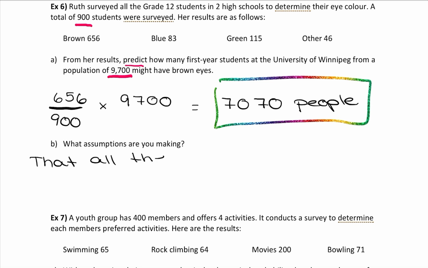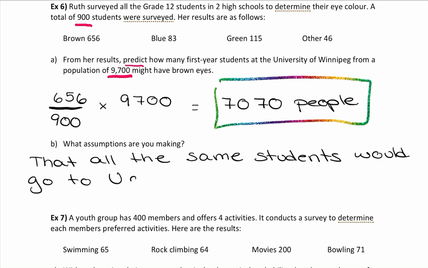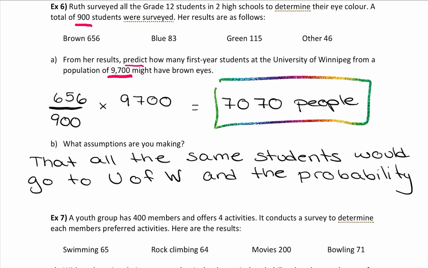That all the same students would go to U of W, and the probability would be the same. That's why it's called a prediction, because we can't say for sure. We can just base it on the data that we already have.